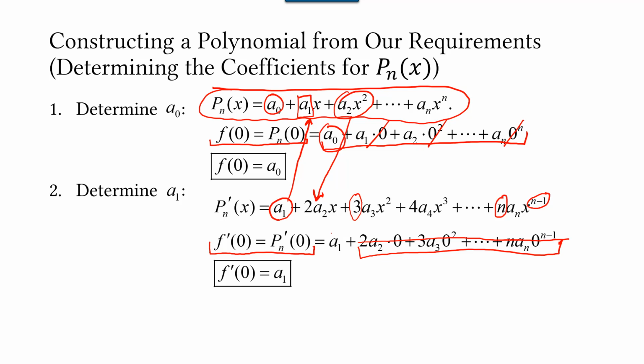So Pn prime of 0 is just a1. And because that has to equal f prime of 0, we have our second requirement, that a1, the coefficient in front of x for any Taylor polynomial, has to be the original function's derivative at 0. Now we're going to go through this a couple more times and hopefully find a pattern.